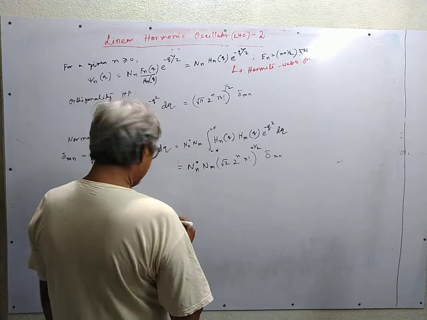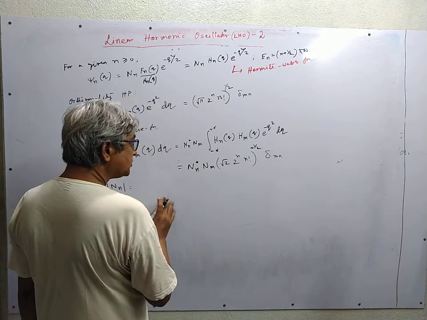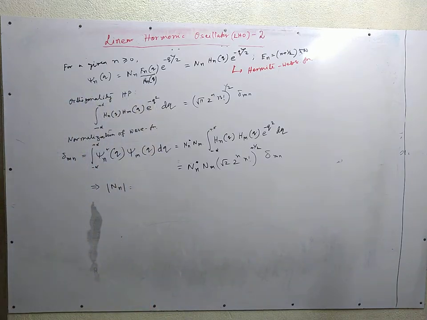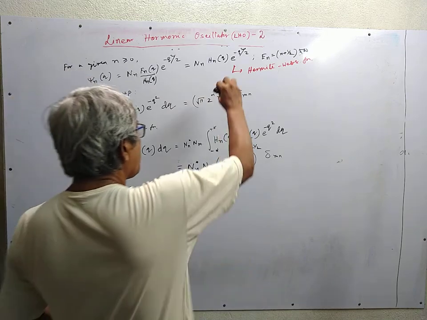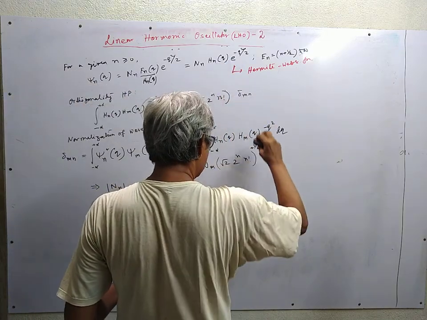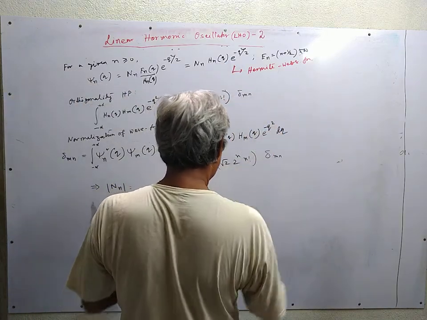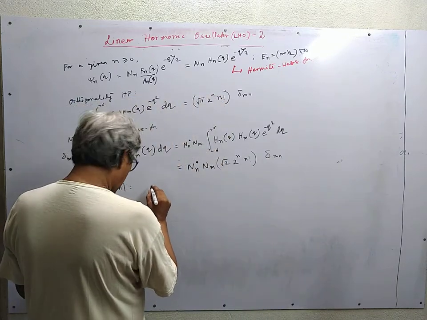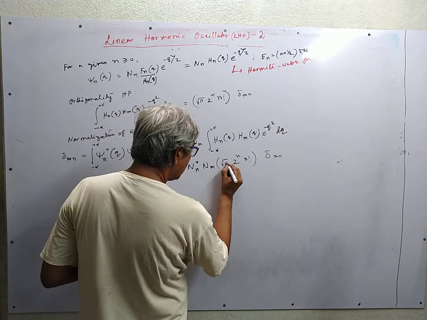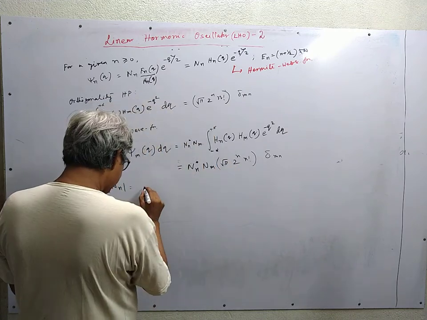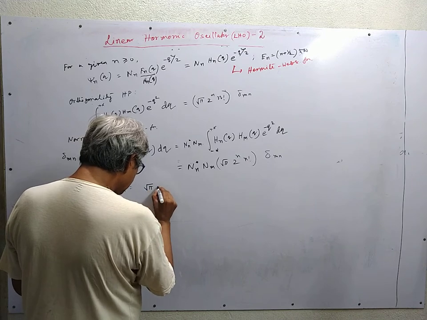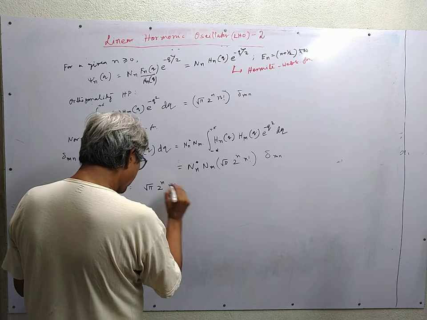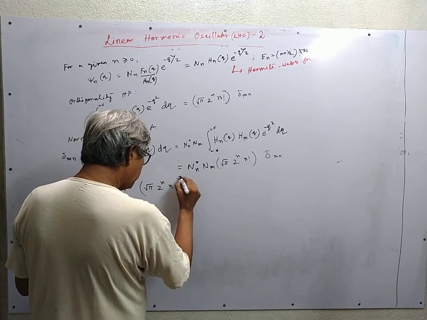So the normalization constant becomes root pi times 2 to the n, n factorial, to the power minus half.